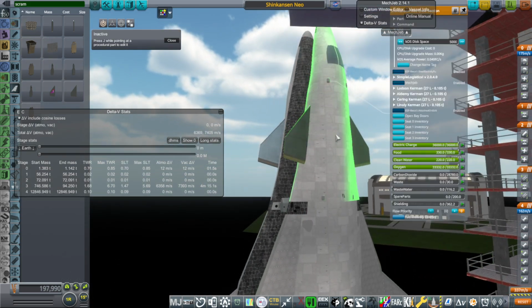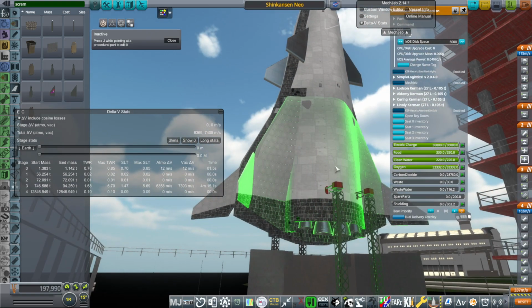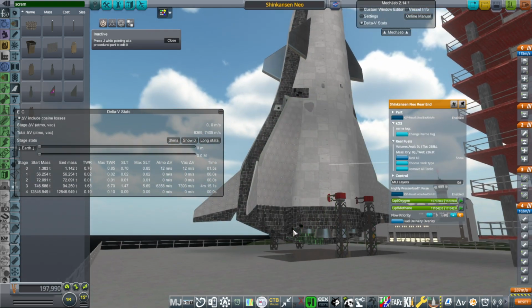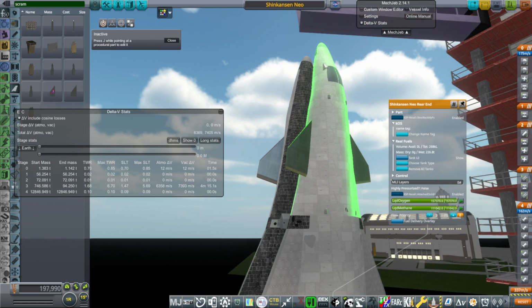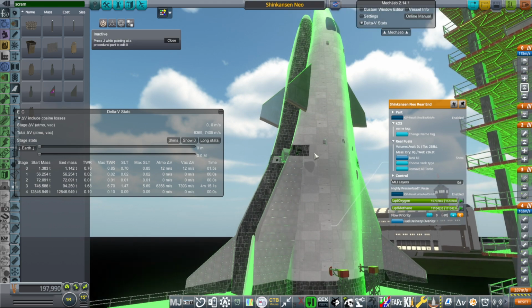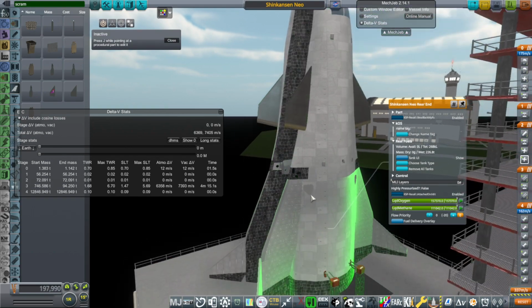The front end has plenty of mass, but everything is pretty heavy in the back most of the time. And another problem is feeding the fuel to the front added mass. So if you have the RCS thrusters here, you have to have fuel lines going all the way. And so that was a downside. So I cut some mass by just not having the fuel lines go all the way.